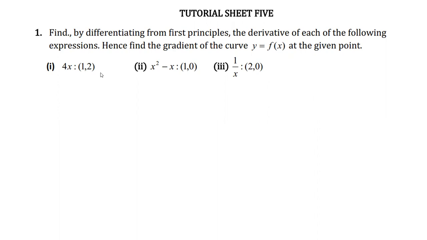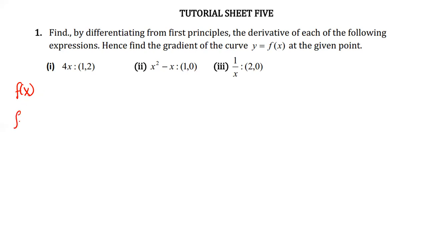So the most important thing is to first know what the first principle is, what it states, and even the formula. So the formula for the first principle is, for instance, if you've been given any function f of x, then you've been told to find or to differentiate f of x with respect to x using the first principle.